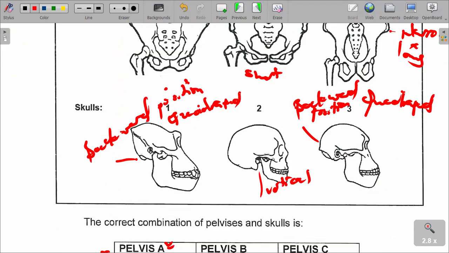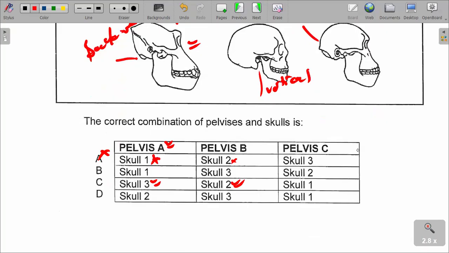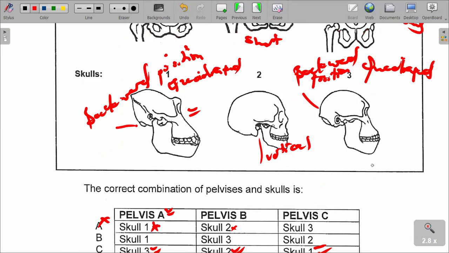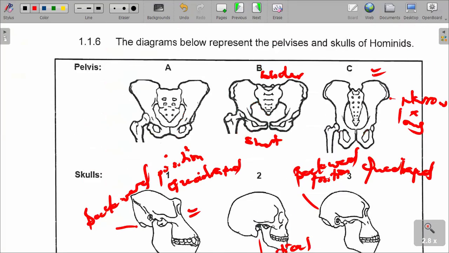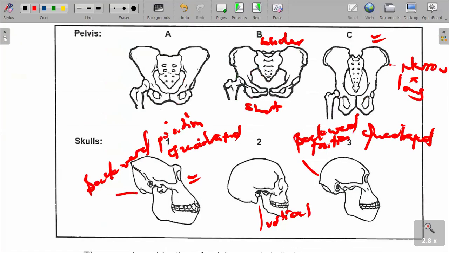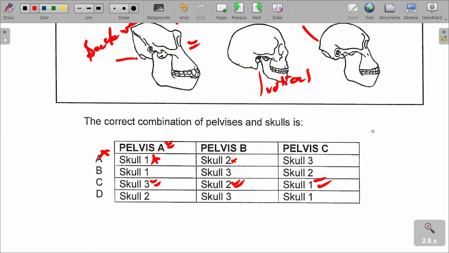So what we need to look at is the structural similarities or appearances of these hominids in terms of their position and their evolutionary changes. One other thing that helps you understand these answers is that you can strictly match, if you have a specific pelvis and skull that you know.